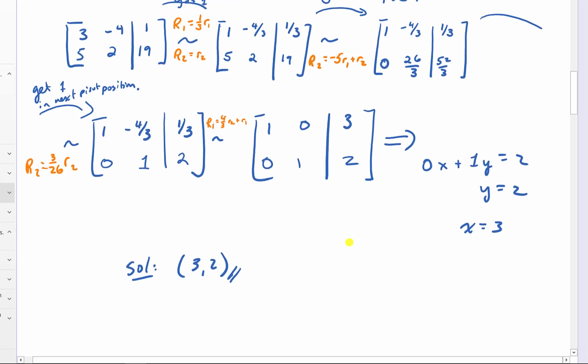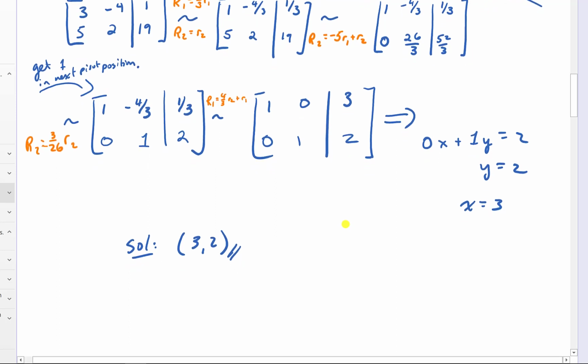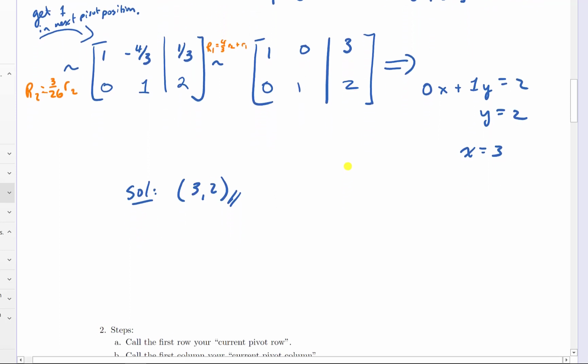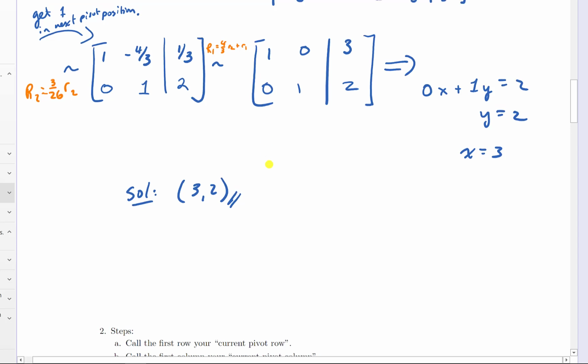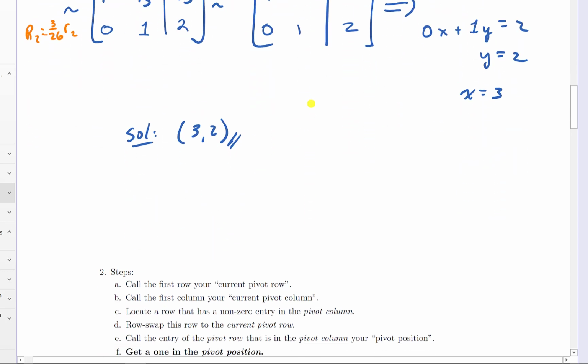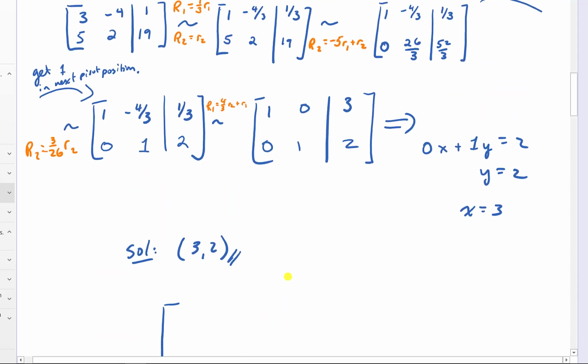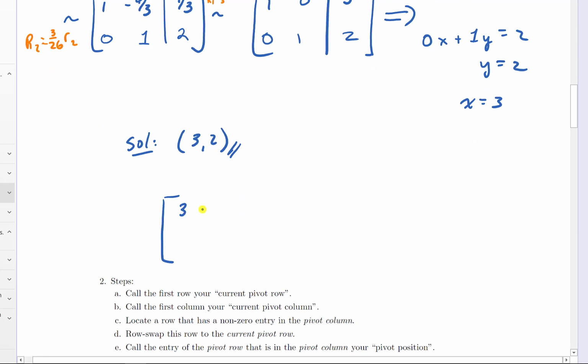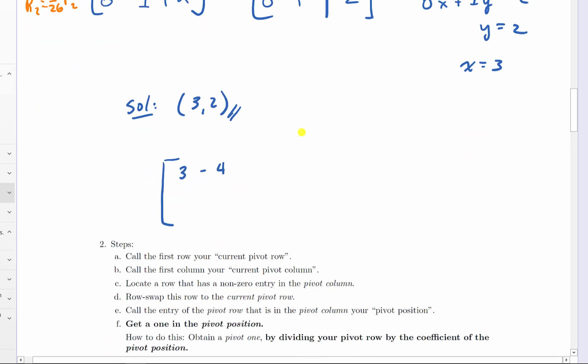Okay. The last thing I want to say is that there's another way to look at this problem. We could now rewrite this entire system of equations as a matrix multiplication problem. So we started off with the entries 3, -4 for the coefficients, and 5 and 2.